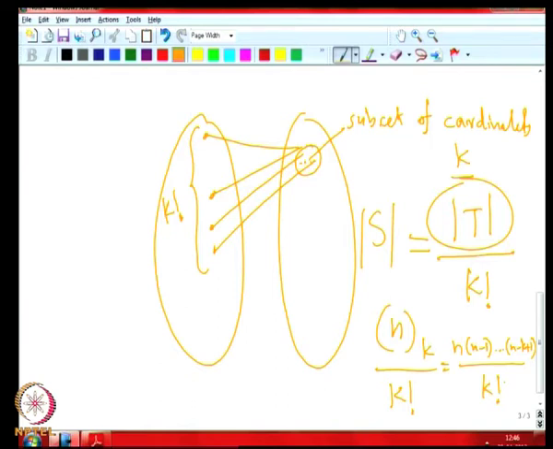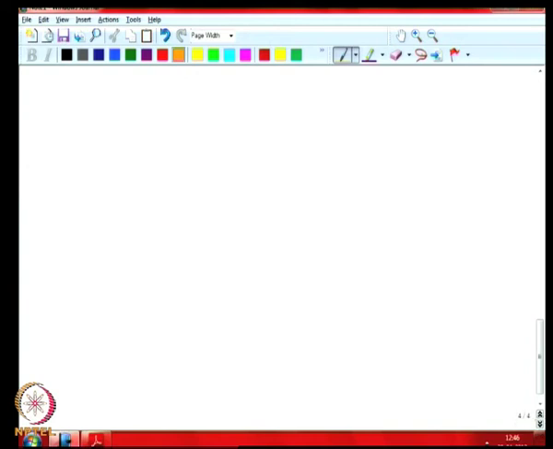So, this is exactly the number of subsets that we can form out of the members of 1 2 3 up to n, which consist of only k elements, the cardinality k subsets, right. And this number is written like this, n c k, or another notation is also used. This is the most important number in combinatorics, n c k, right.